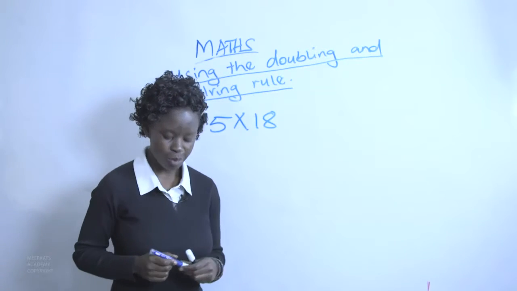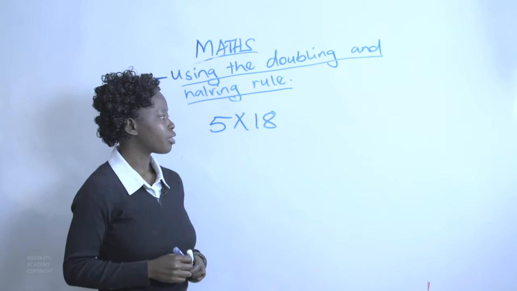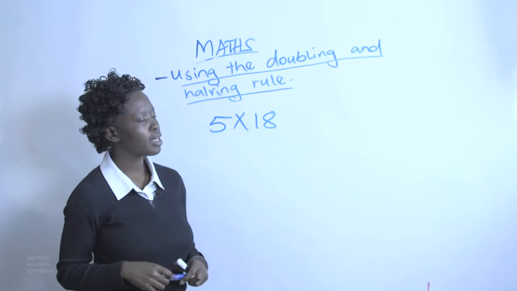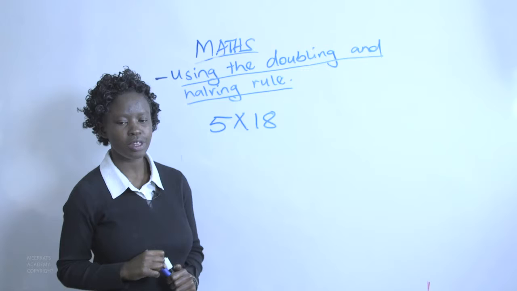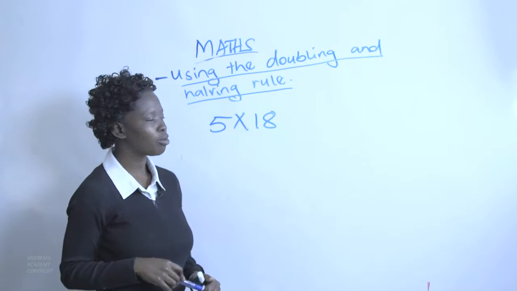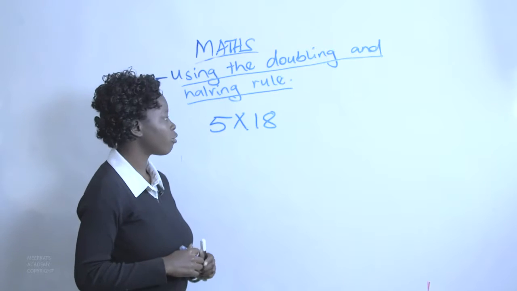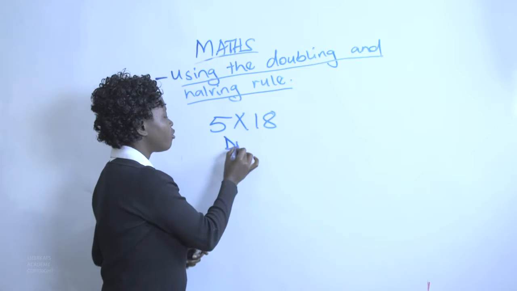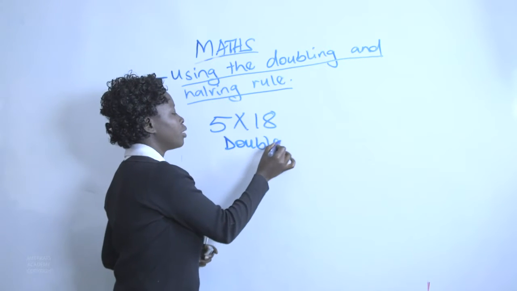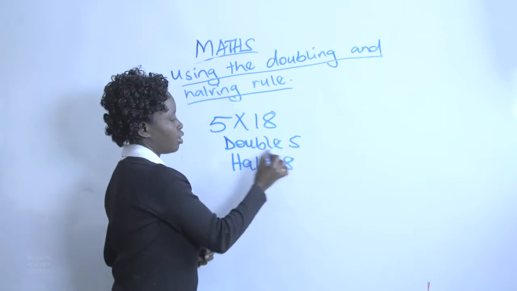If I have to multiply 5 times 18, then we are using the doubling and the halving rule. It means that you have to look at which digit is easier to double and which one is easier to halve. So in this case, it is easier to double 5 than halve 18. So we can double 5, then halve 18.